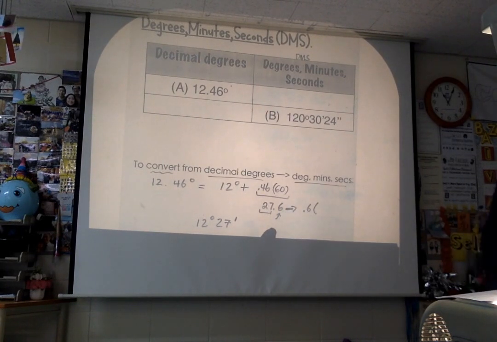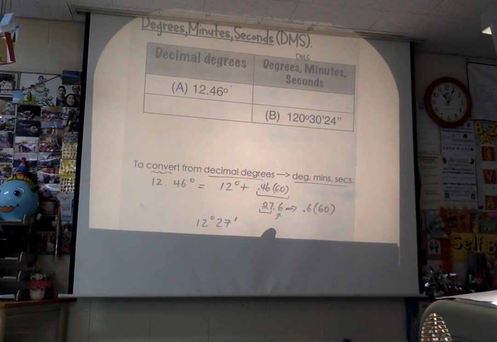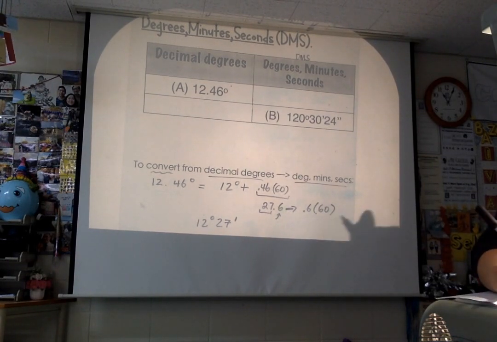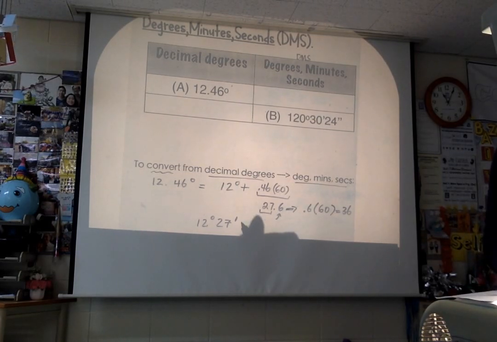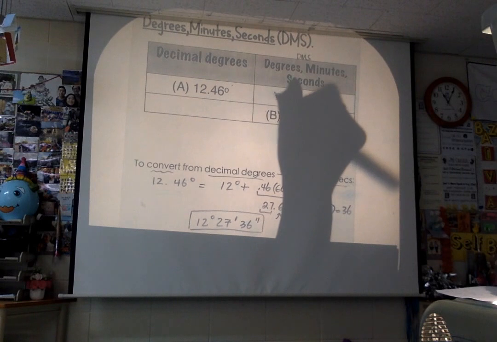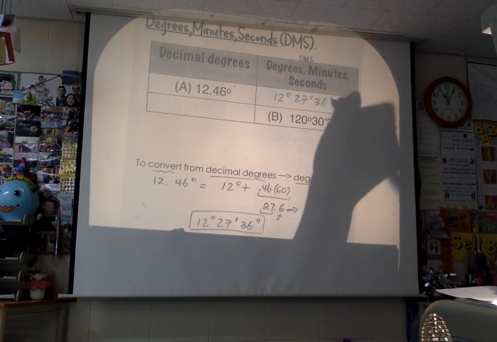How many seconds in 1 minute? It's 60 again. So we multiply by 60 again, which gives us 36. That's why we put 36 seconds. Now, I'm going to teach you how to do all this in your calculator in just a sec. So let's write that here: it's 12 degrees, 27 minutes, and 36 seconds.